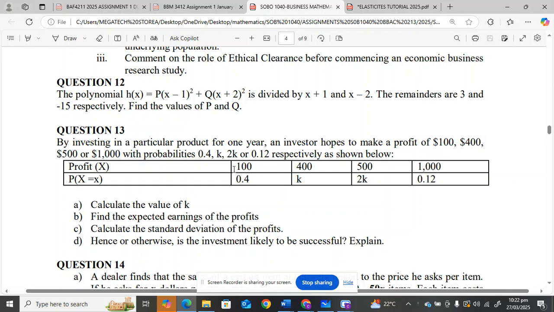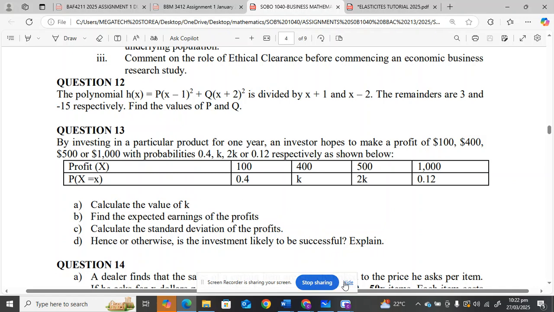So to make a profit of $100, there's a probability of 40%. To make a profit of $1,000, there's a probability of 12%. Now here I want to find the probabilities for 400 and 500 kwacha. As I said, calculate the value of K.